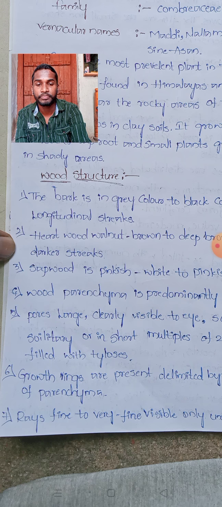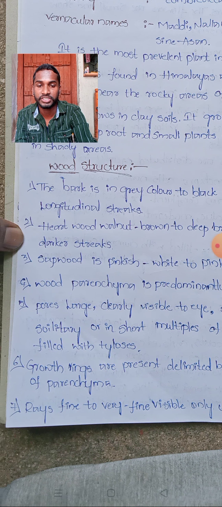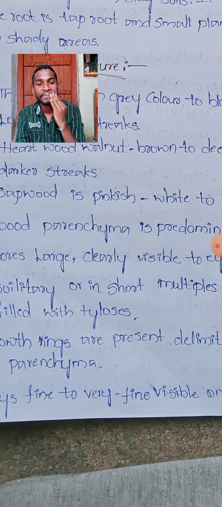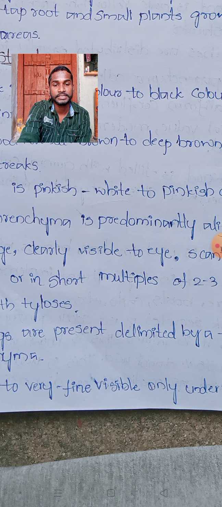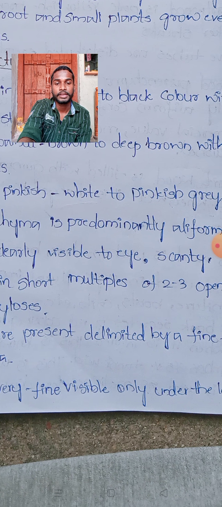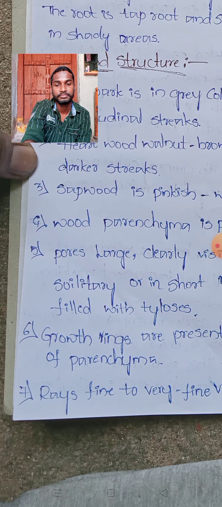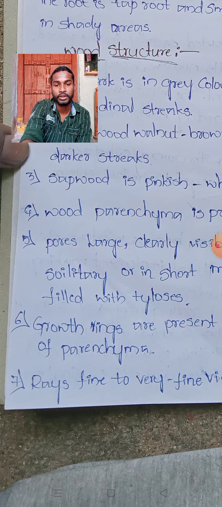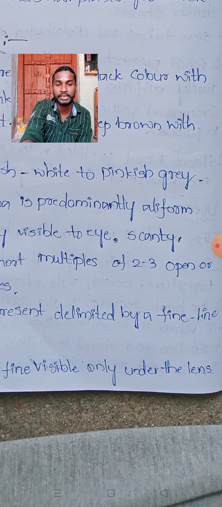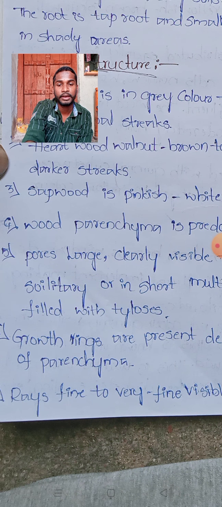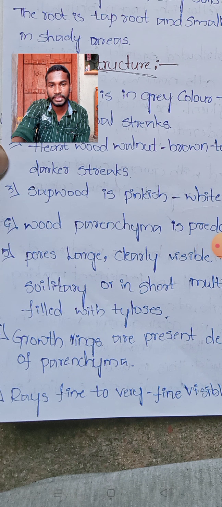Pores are large, clearly visible to the eye, scanty, solitary or in short multiples of 2 to 3, and filled with tylosis.